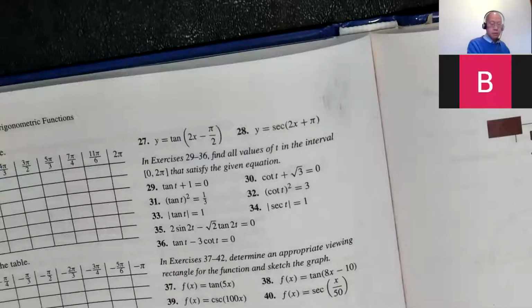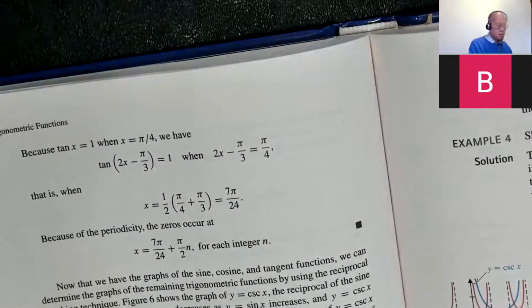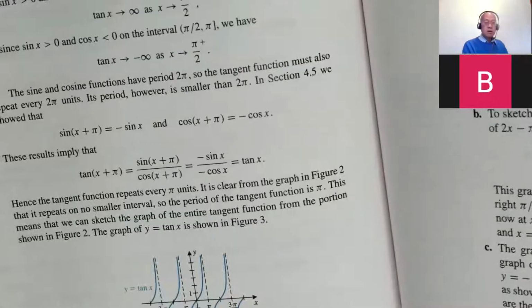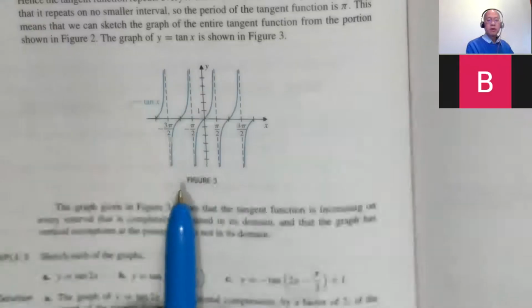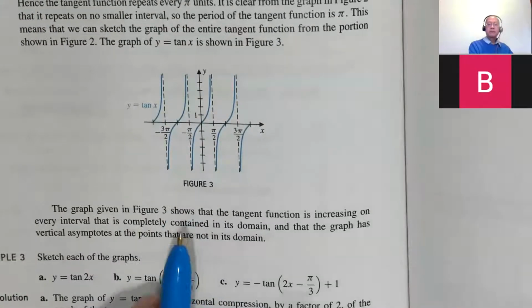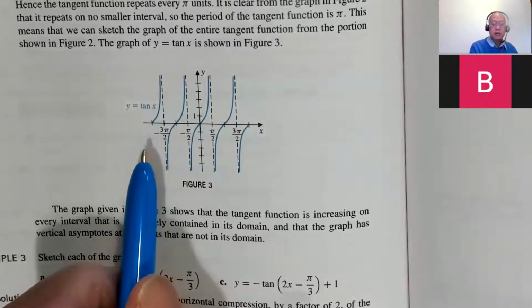I'm going to talk a little bit now about the graphs of the other trig functions. Okay, so the graph of the tangent function, figure 3, on page 234. Well, tangent is sine over cosine.